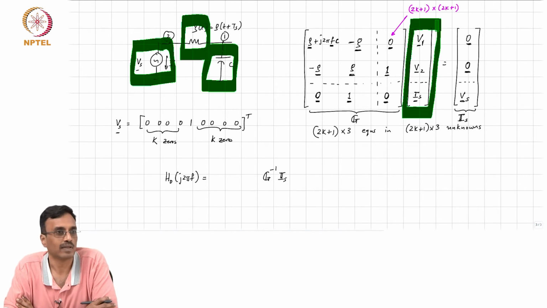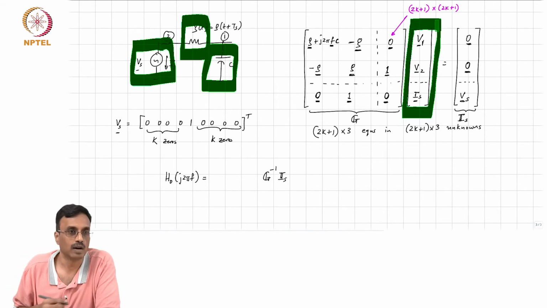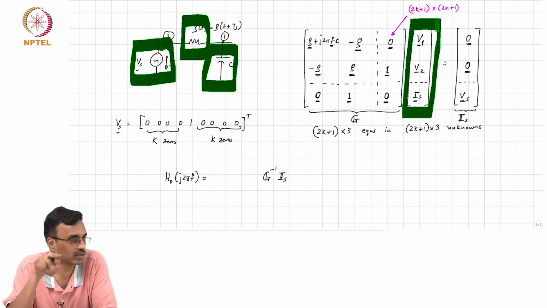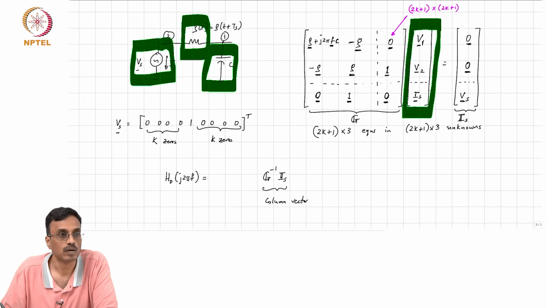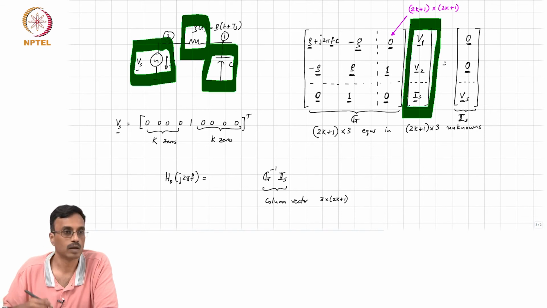The k plus 1th row of this, which is a column vector of size 3 times 2k plus 1. Correct?